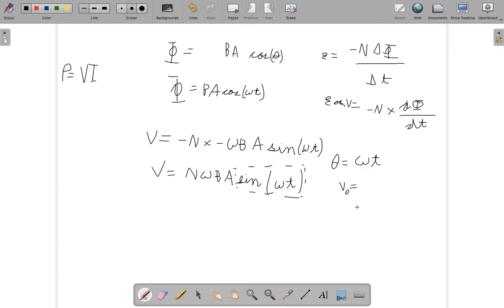If you have an AC generator with 30 coils, it will always have 30 coils unless you replace it yourself. And if it's spinning with a certain angular velocity, it will remain with that. So we can take our initial voltage to be that, and rewrite our voltage as V0 sine of angular frequency times time.